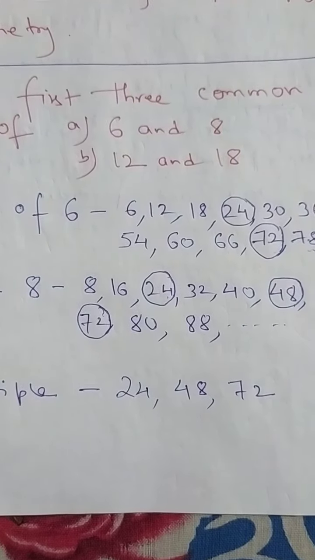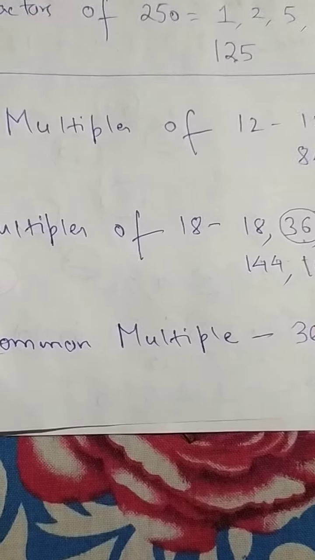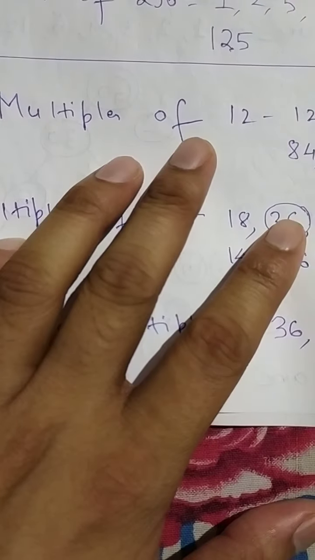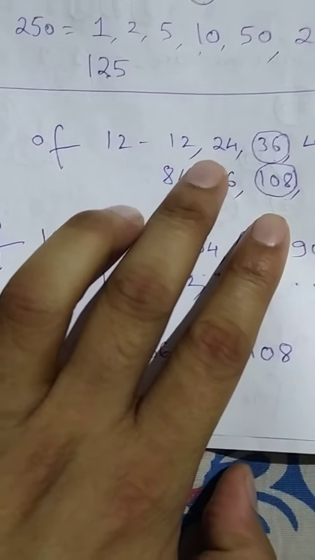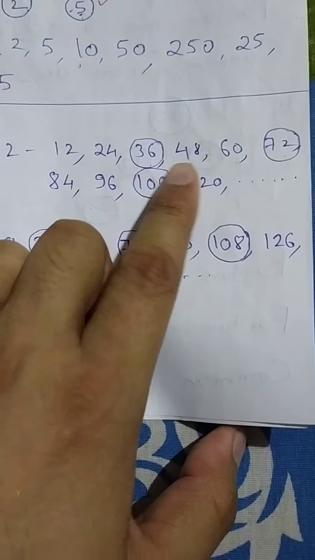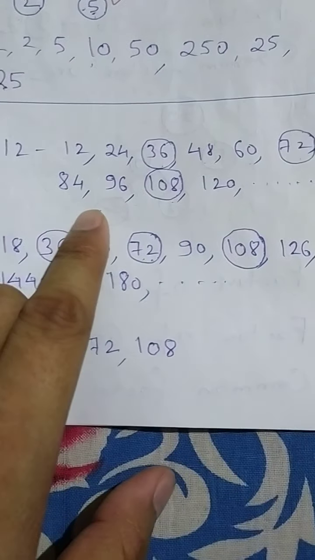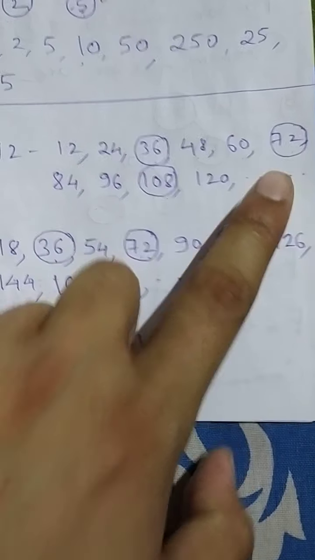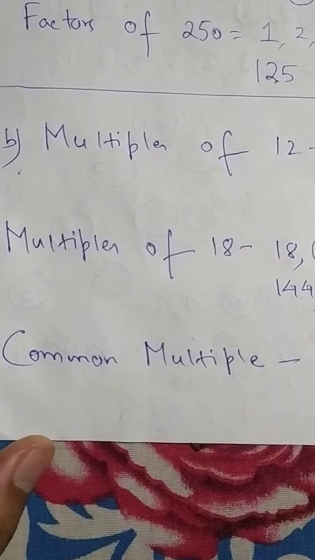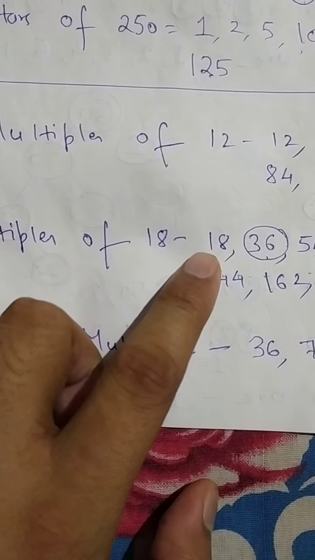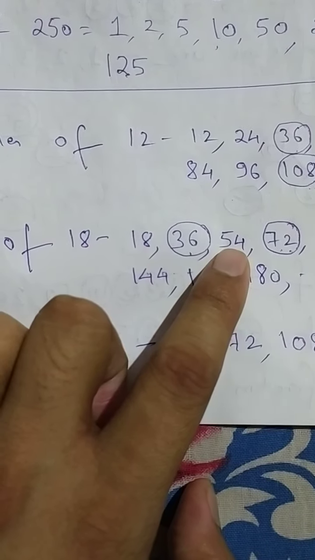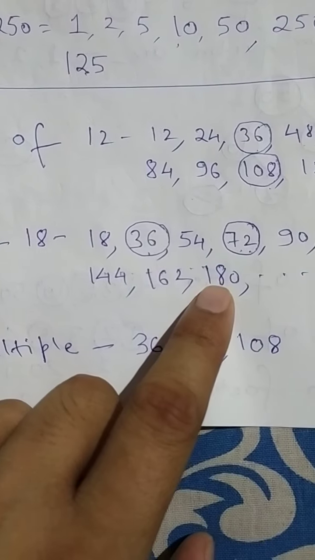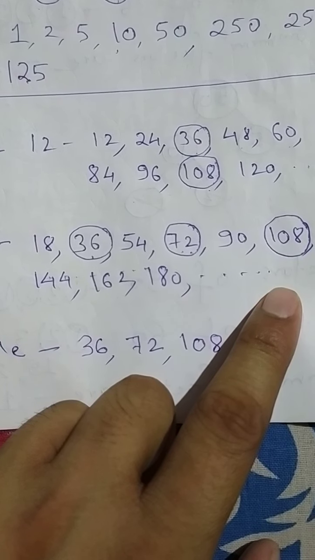So let's see. So first, what is the technique? First you will write down the multiples of 12. So 12 ones are 12, 12 twos are 24, 12 threes are 36, up to, I have written up to 12 into 10, 120, then dot dot. And the multiples of 18: 18 ones are 18, 18 twos are 36, 18 threes are 54, 18 fours are 72, up to 18 tens are 180, then dot dot.